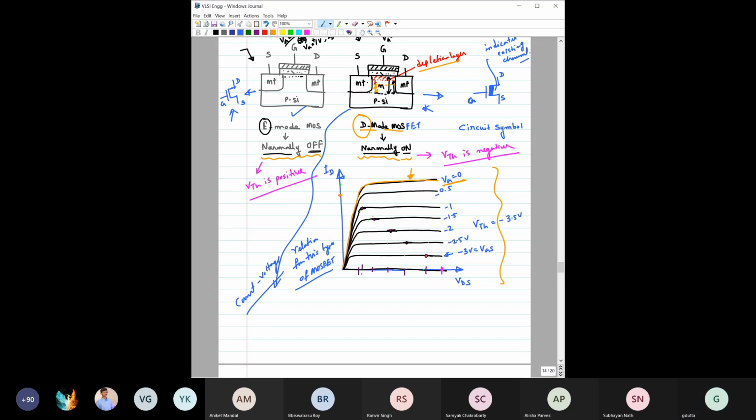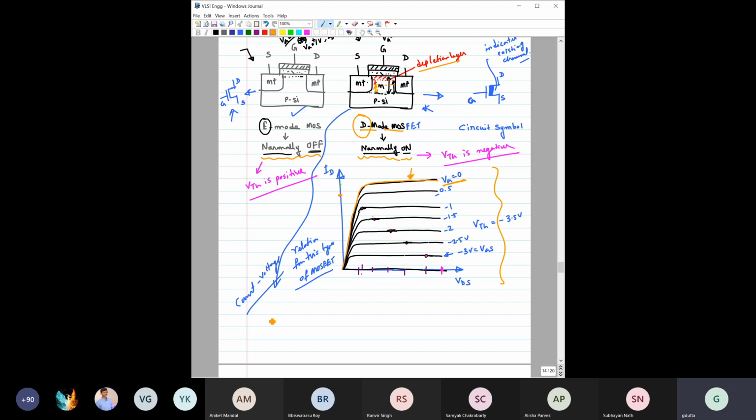Ranbir, can you hear me? Ranbir Singh? Yes, sir. Can you guess what the current voltage relation should be for this? It would be similar to the enhancement type. Then what would be the only difference? Only when you put in the threshold voltage, you have to take care of the threshold voltage values. Very good.